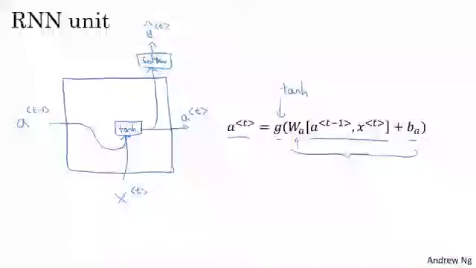So this is a visualization of the RNN unit, of the hidden layer of the RNN, in terms of a picture. And I want to show you this picture because we're going to use a similar picture to explain the GRU, or the gated recurrent unit.